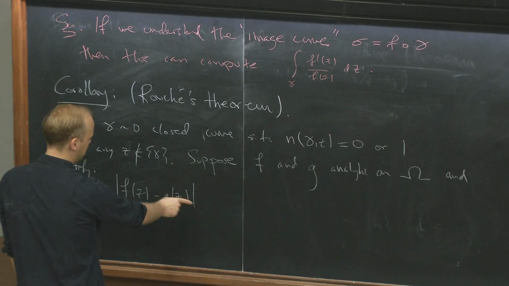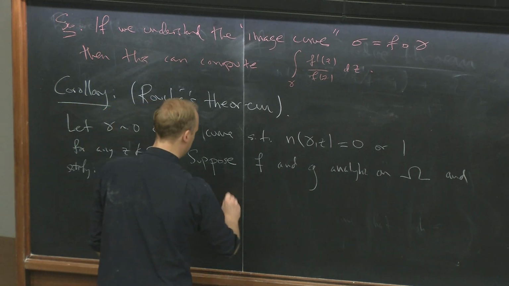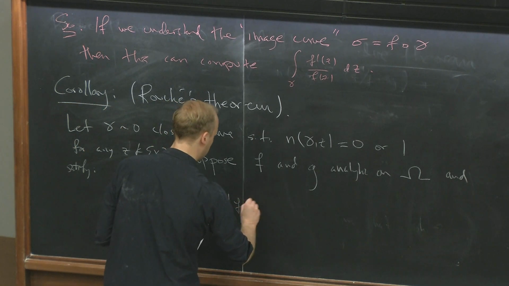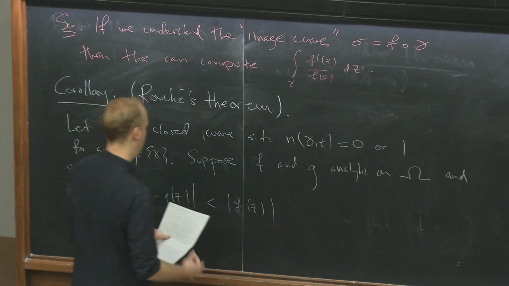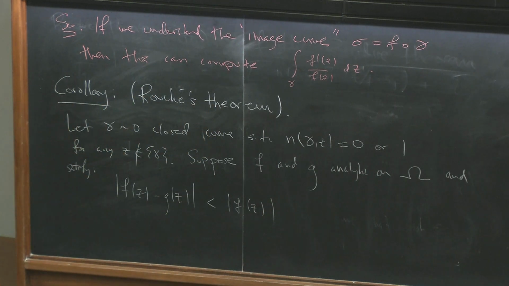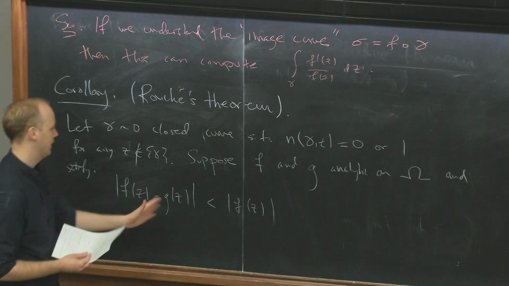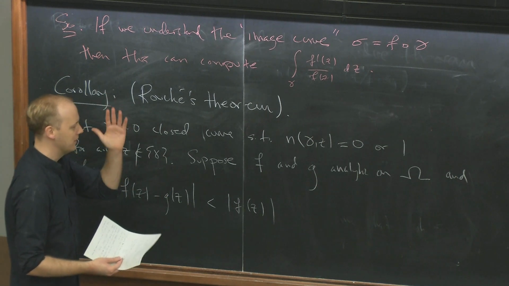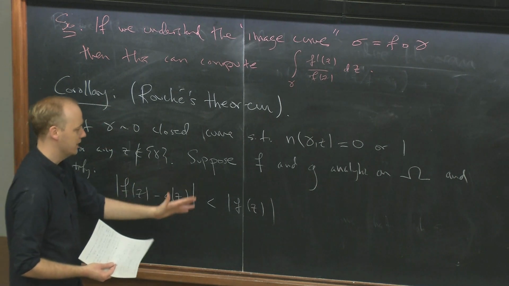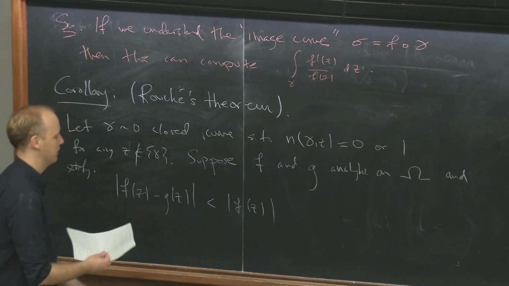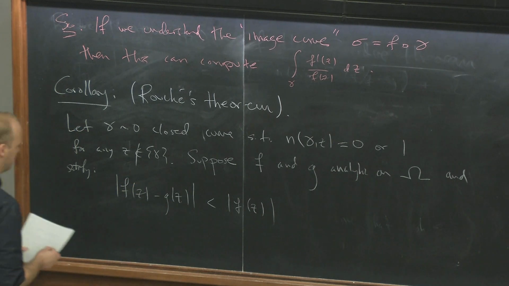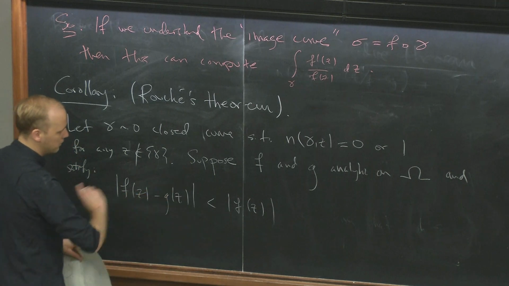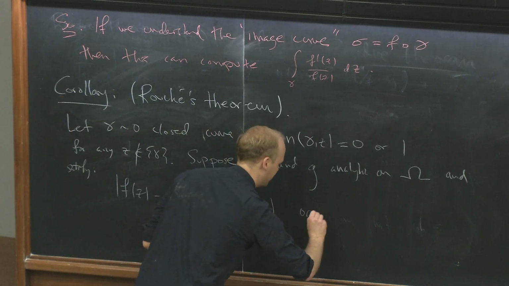But let's assume that the absolute value of their difference is less than or equal to the absolute value of f, so the first of these functions, if you want. So when you apply this, you always have to keep your head straight in what is f and what is g, and which one should I choose to be my f, and which one should I choose to be my g. So this thing should be true, but here comes an important detail.